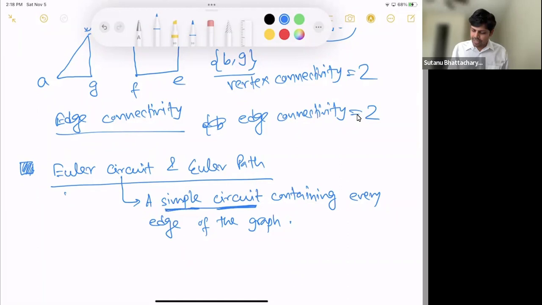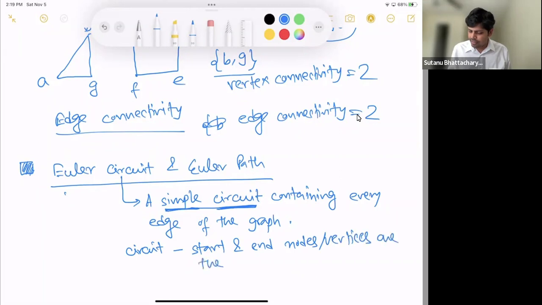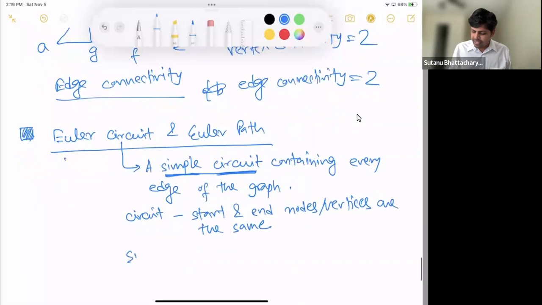Simple means, okay, let me write what is circuit. Circuit is start and end nodes or vertices, both are the same. This is circuit. And what is simple? Simple means no repeated edges.